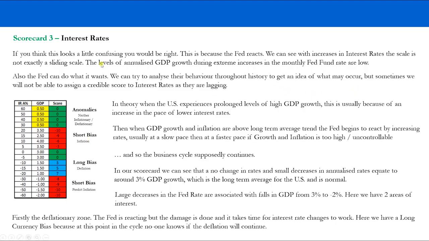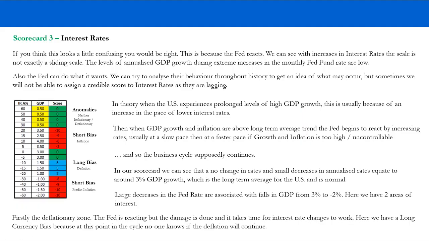What actually happens is, when you do the filtering process, the levels of annualized GDP growth during extreme increases in the monthly Fed funds rate are actually very low. Also, the Fed can basically do whatever it wants with interest rates at any one time. We forget that.